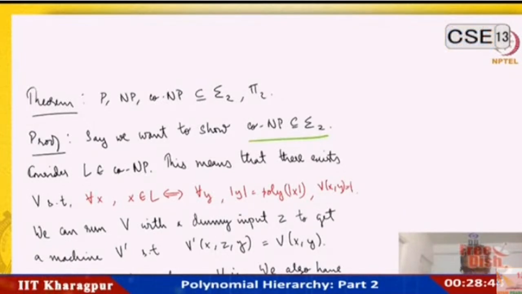So we take an arbitrary language L, which is in coNP. Now we want to show that this is contained in sigma 2. So what does this mean? L is in coNP.